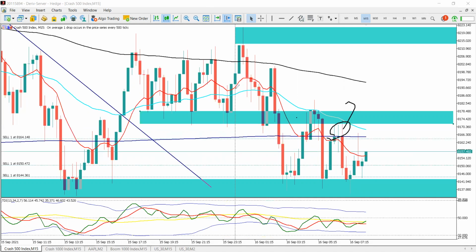Why we use such a strategy is because these indices are very volatile in such a way that price can move from this zone to this zone, which is about from 81.40 to 81.70. That's about 30 pips, plus or minus. So if you get 30 pips in a move, you've got 3 positions here, for example.